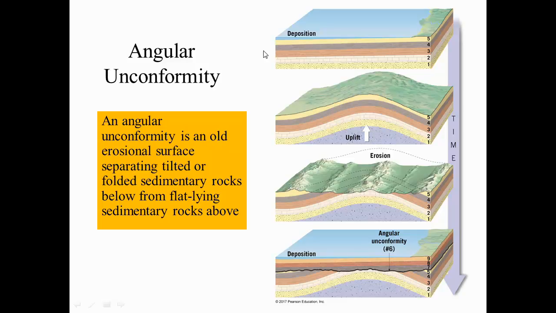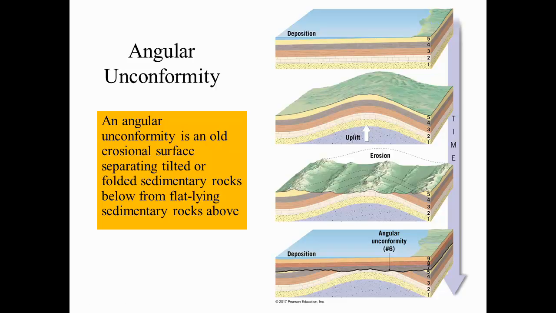The formation of the angular unconformity is shown to the right, where we start out at the very top with deposition of horizontal sedimentary layers within a basin. This is occurring within a seaway, and then maybe sometime later tectonic forces move in, the region is uplifted and folded, and the rocks are eroded down to an erosional surface.